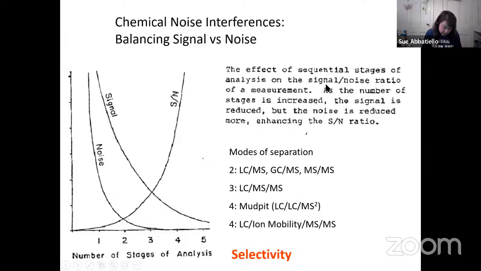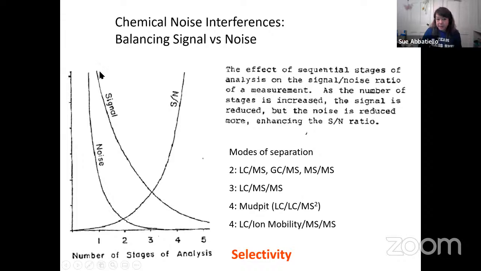Also, the more separation processes you put your sample through, usually the better signal to noise you have. This is due to a relationship with every mode or stage of analysis or separation, like LCMS, GCMS, so you're just separating and then analyzing, or MSMS, fragmenting and looking at those data.